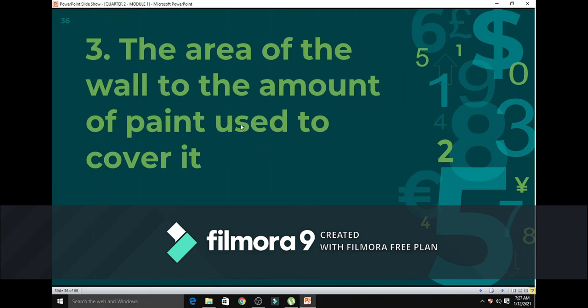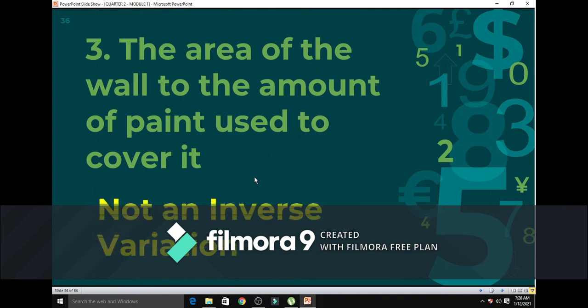Diba habang lumalaki yung area ng wall na pipinturahan mo, ano nangyayari sa paint na gagamitin mo? Dumadami din yung paint na gagamitin mo. So, example ba siya ng inverse variation? So, hindi po. Kasi tataas yung area, ano mangyayari sa amount of paint? Dadami din. So, therefore, this one is not an inverse variation, but this one is an example of direct variation.